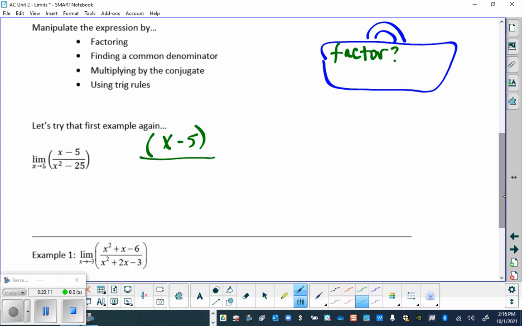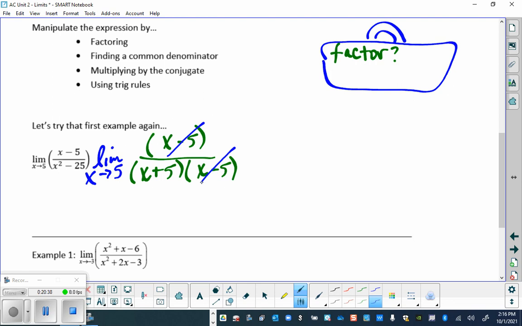What is that? Square. Yeah, it's the difference of two perfect squares. So I know right away that the difference of two perfect squares is going to factor into that. So when I take the limit as x approaches 5, before I substitute and simplify, let's cancel a few things out.